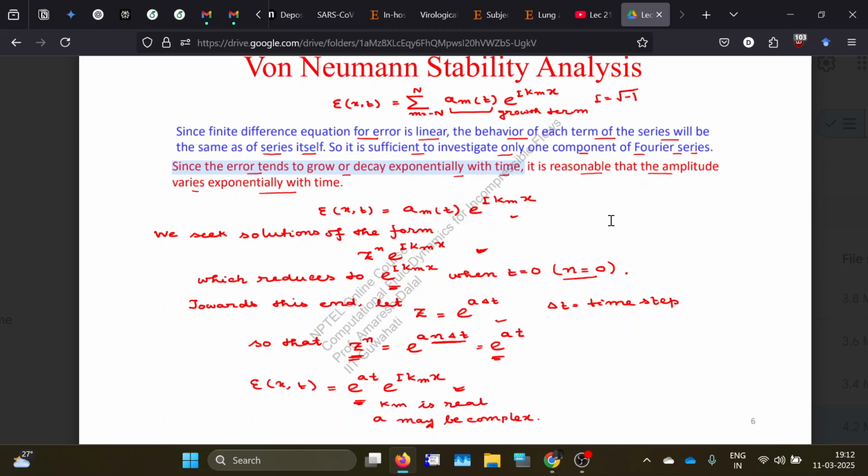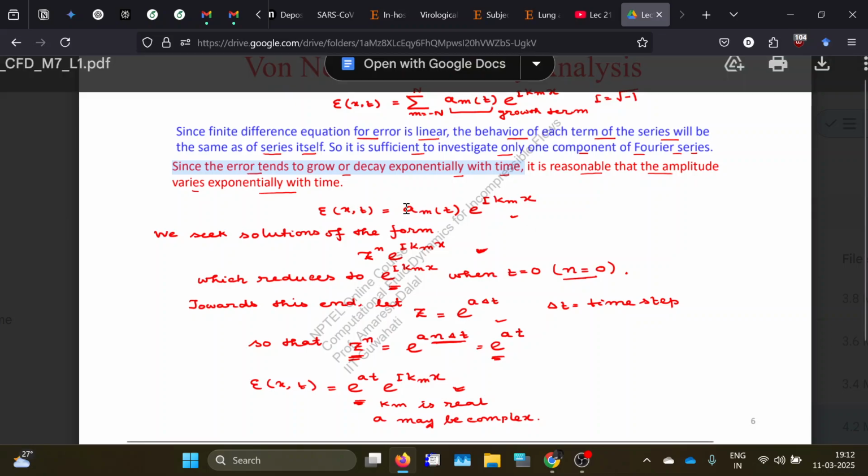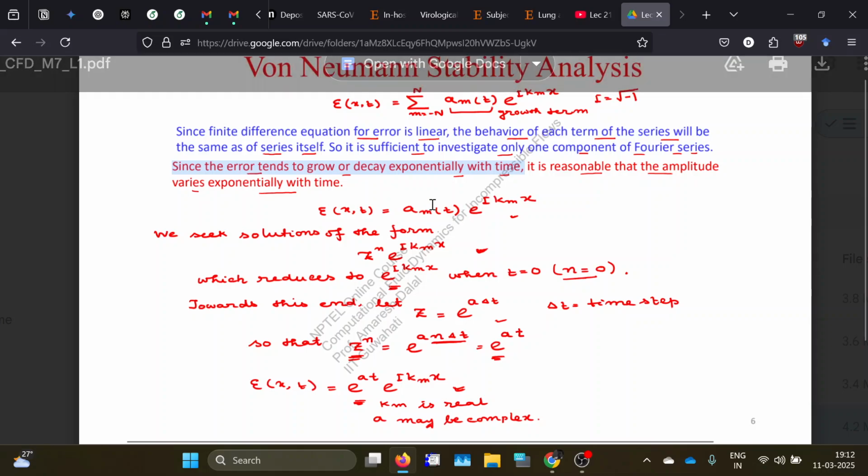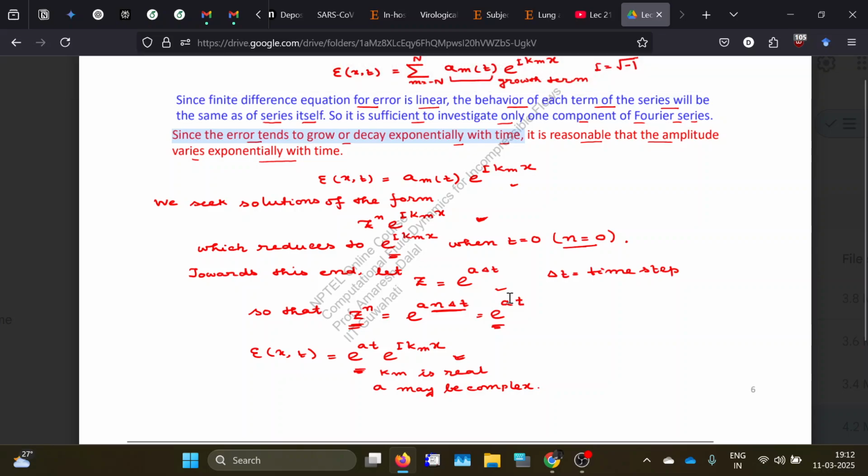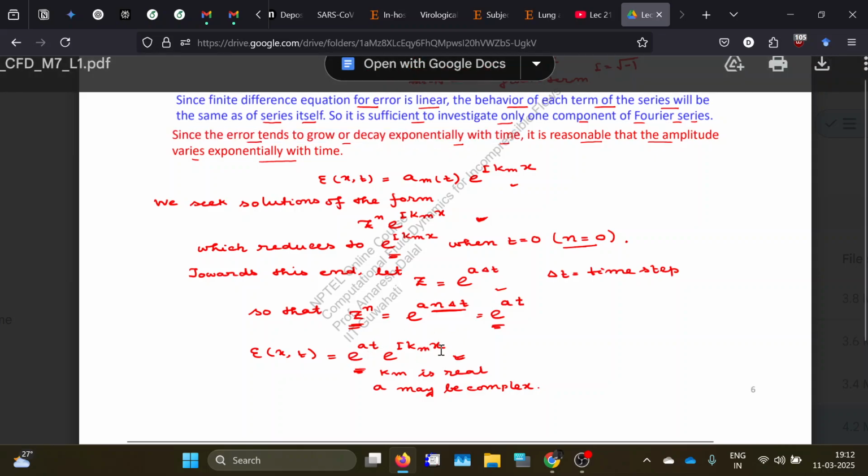So that's why we have taken the amplitude, A_m of t, and we say that this can be written as e to the power a t.